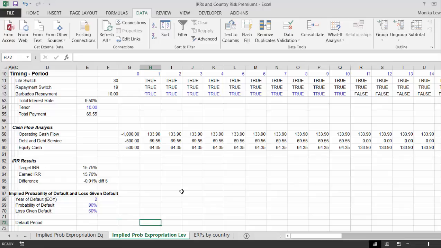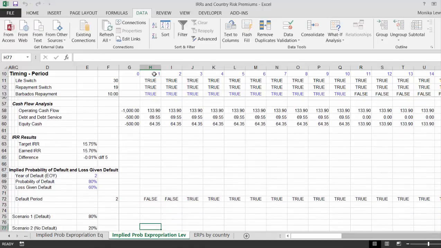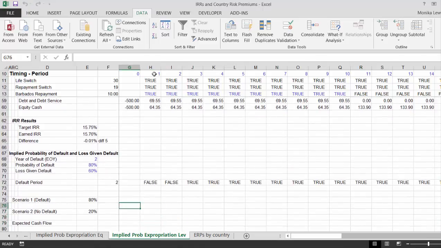So we have the same kind of thing where we put a default period where this then has to be greater than this number. Let's do it again. Put it in this period has to be greater than. Okay, and then we have a same sort of thing where we pick the scenarios.